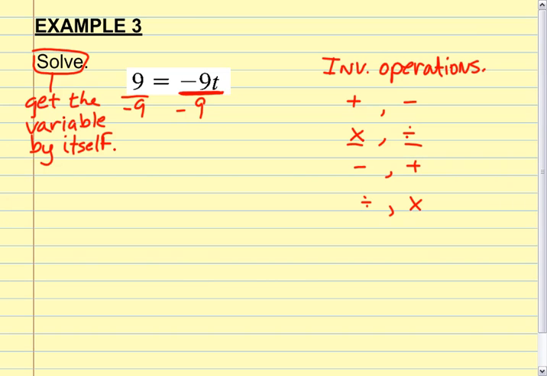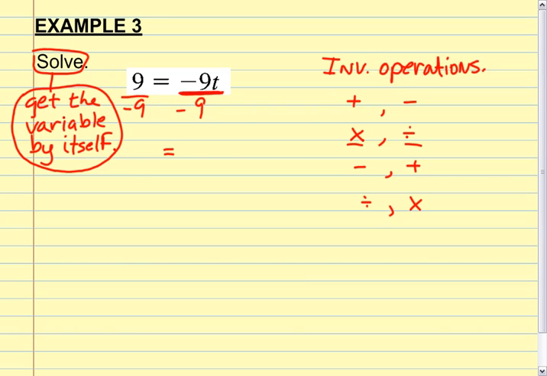Now, we're going to learn a rule today that we're really not going to do a section on until next week. But the rules for division are the same as they are for multiplication. Let me ask you this. What is -9 divided by -9, Hayes? Not -1.